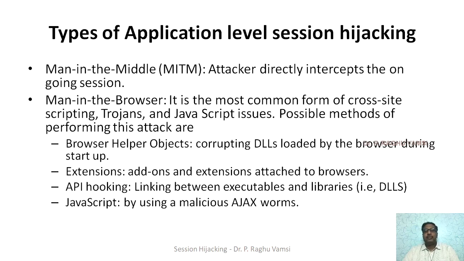For example, if you use the Chrome browser, APIs will be provided with it, and those APIs are used to hook or link between the executable script that you are writing and the DLLs that you are going to inject. These may be linked together with the help of the developer's API, and that will be loaded into the browser.